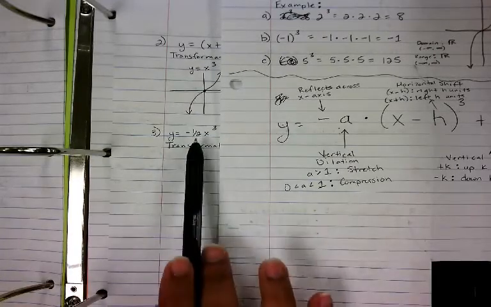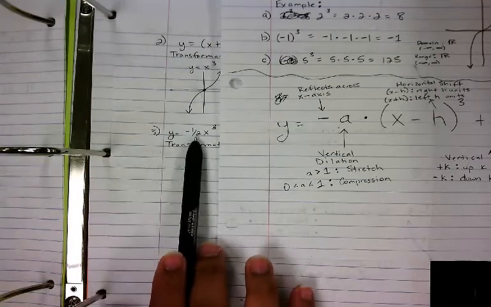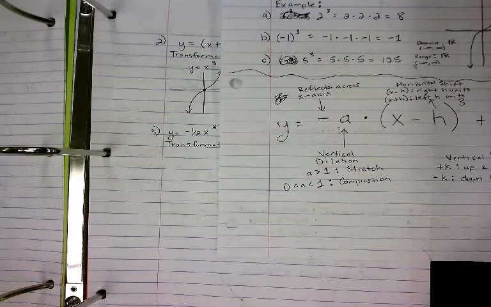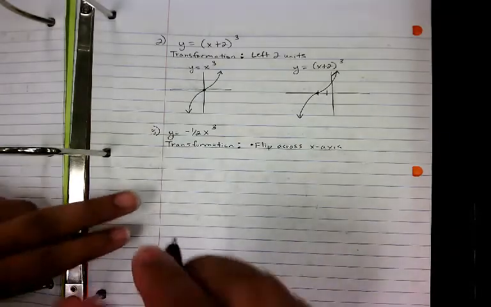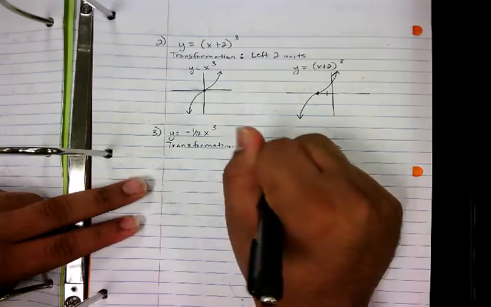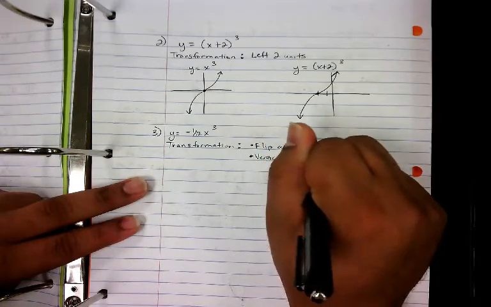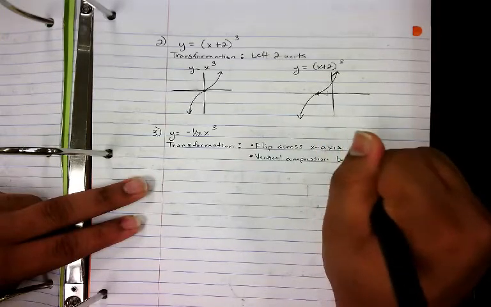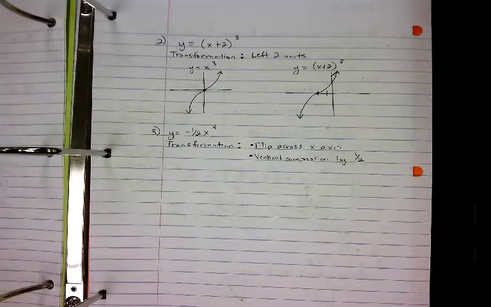If it's not greater than 1, then it's compressed. 1/2 is not greater than 1, so it's a compression. So the way you write it is vertical compression by 1/2. Vertical compression by 1/2.